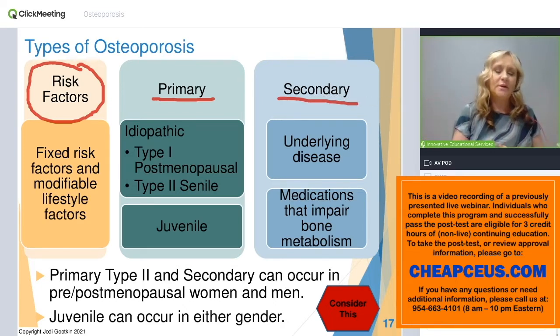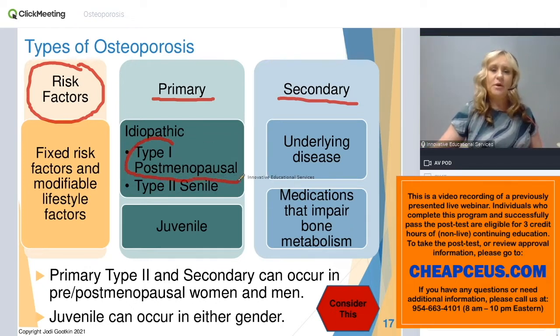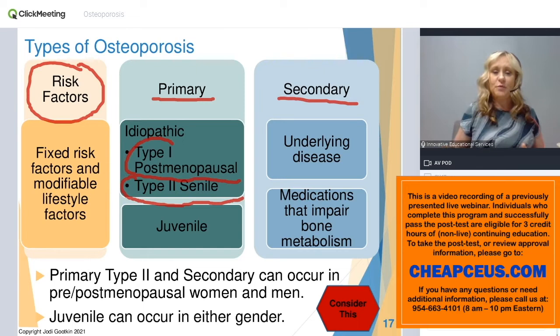When we break down primary osteoporosis, we're going to look at idiopathic, where it develops type 1 in individuals, females who are postmenopause. And then we have type 2, which is called senile osteoporosis, that occurs in individuals through the normal aging process, both males and females. And then when it occurs in children, we have a juvenile form. That's when the primary disease is osteoporosis.